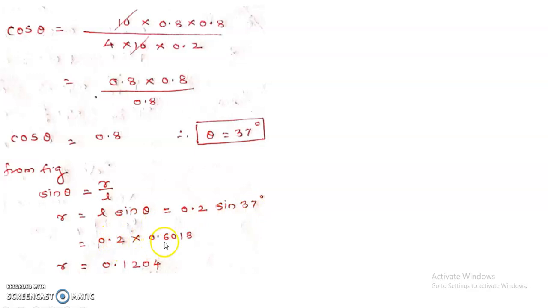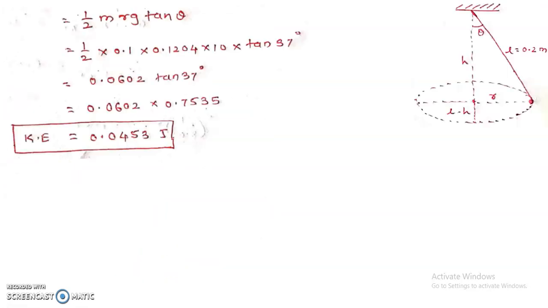Sin 37 is 0.6018. The multiplication of these two is 0.1204. So we get radius as 0.1204 meter, in SI system. Then we can substitute in the formula of kinetic energy.